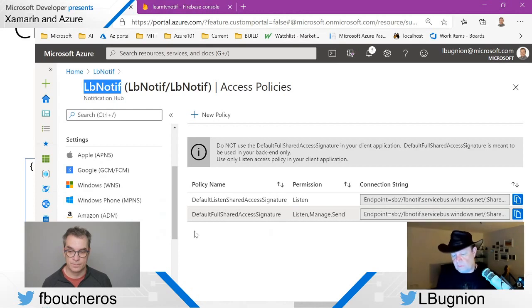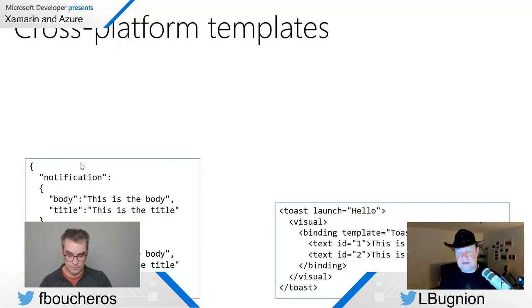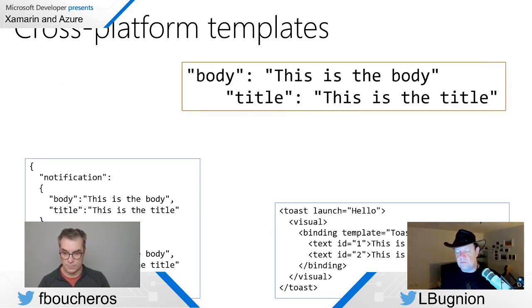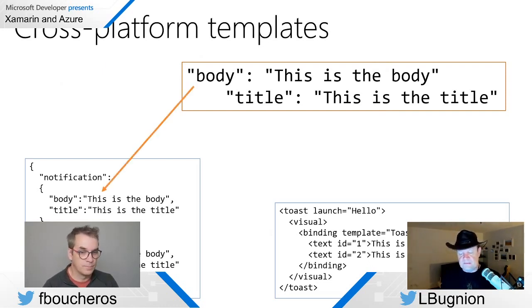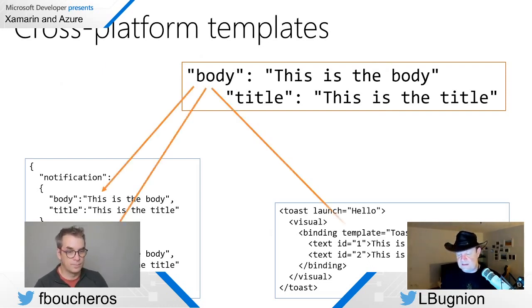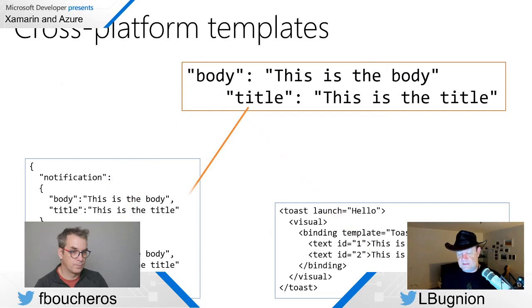Cool. So let's continue. Now we are at the point where we have cross-platform templates. We have one template for Android, one totally different template for Windows. And of course, the notification hub is going to need to transmit this information. So for example, the body needs to go here, here, and here, and then the title needs to be here, and here, and here.